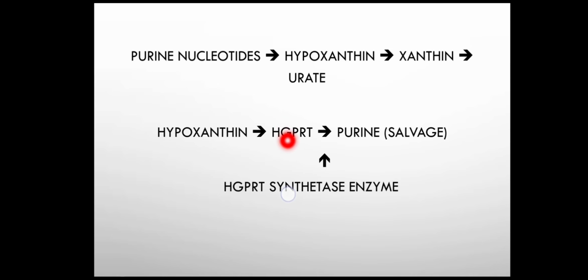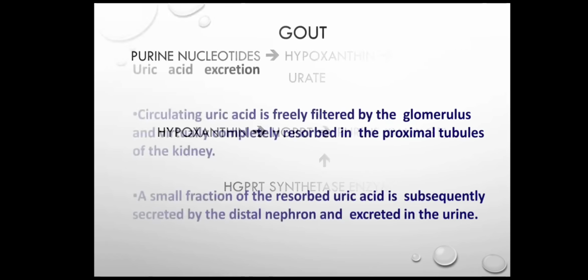Hypoxanthine guanine phosphoribosyl transferase. If deficient, it will interrupt the production of purine nucleotides. So we need this enzyme. If HGPRT is not there, then purine production cannot occur. Only hypoxanthine will form, and hypoxanthine will form urate. We won't have purine nucleotides.